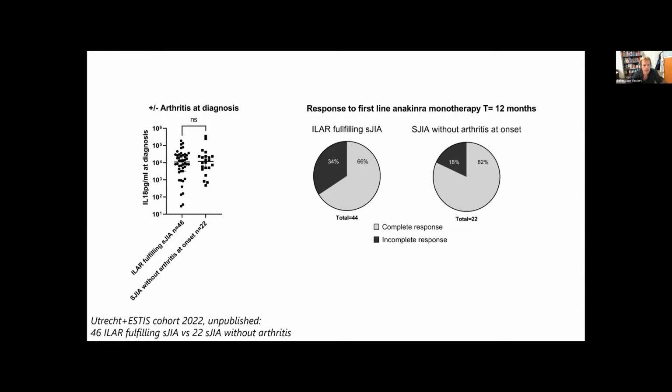And again, similar responses at 1 year. Here we displayed complete response, which means complete inactive disease either on or off anakinra at 1 year, and incomplete responses, either active disease or necessity for moderate doses of corticosteroids next to anakinra.